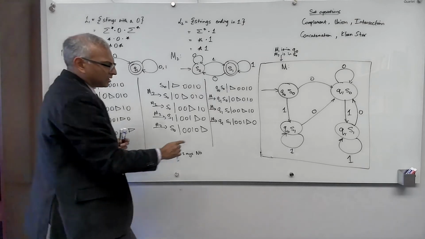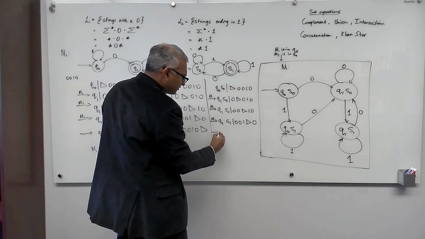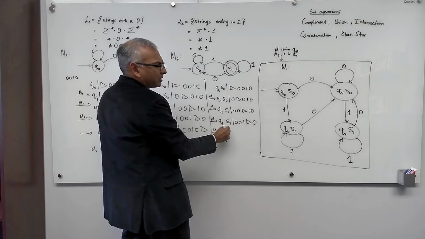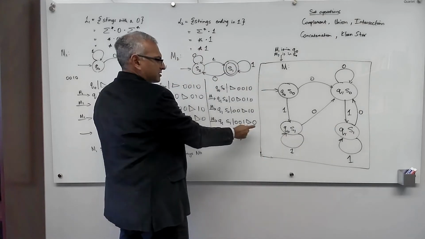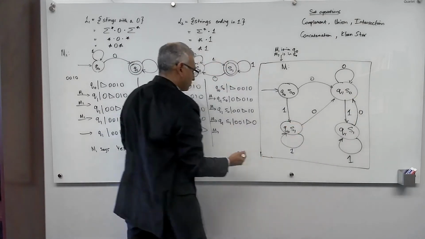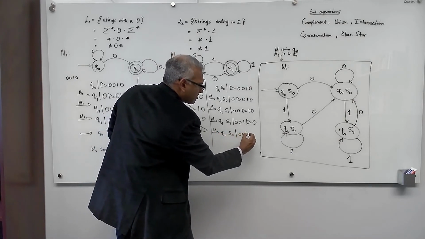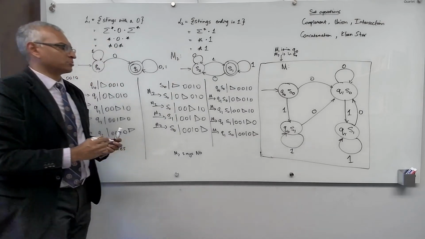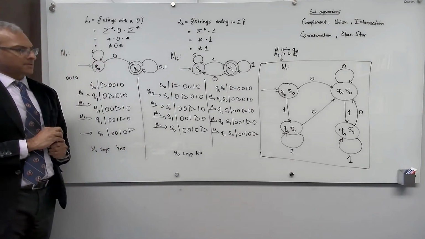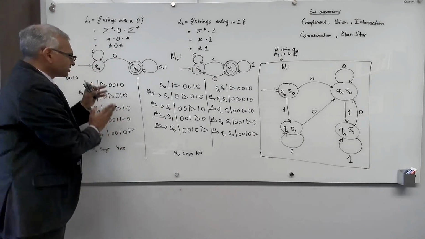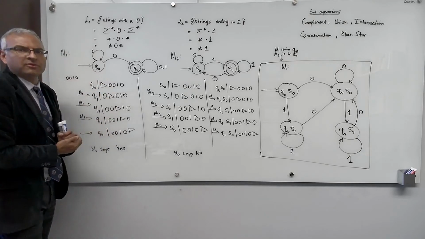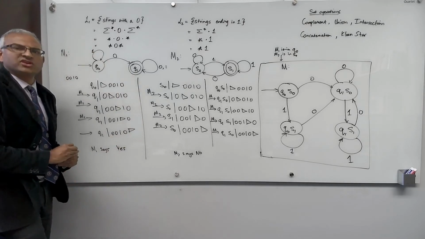Now we process the final bit. We are in state Q1, S1, and we process the 0. That takes us back to Q1, S0, and we have no more bits to process. So you see how convenient this way of representing the configuration of the computation and this whole computation trace is.